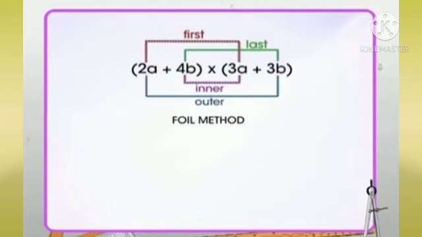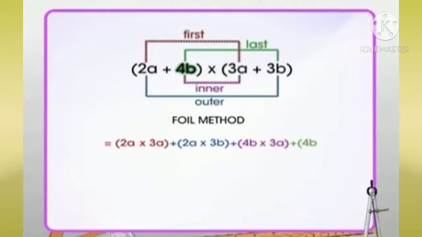Do the first term of each binomial first. That is 2a into 3a. Now take the outer terms, that are 2a into 3b. Next, multiply the inner terms, that is 4b and 3a. Lastly, multiply the last terms, that is 4b and 3b.